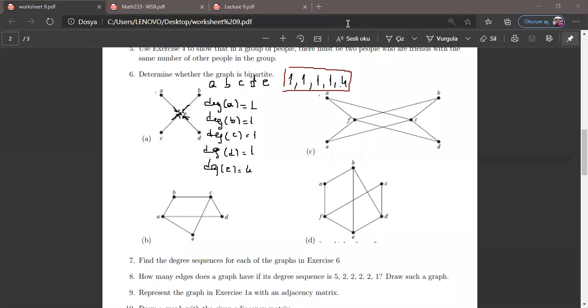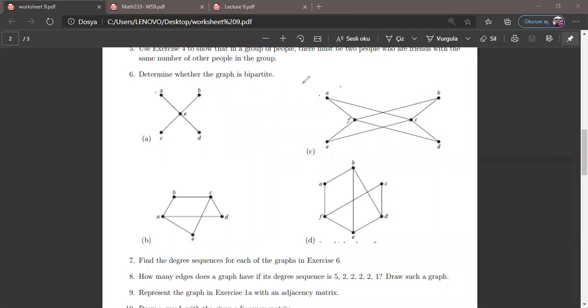Now let's clear and compute the second one, the C. So again, we will order A, B, C, D, E, F. Now what's the degree of A? It's 2. B, 2. C, 1, 2, 3, 4. D is 2, E is 2, and F is 4 again.